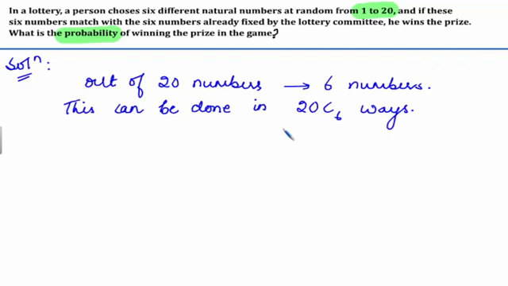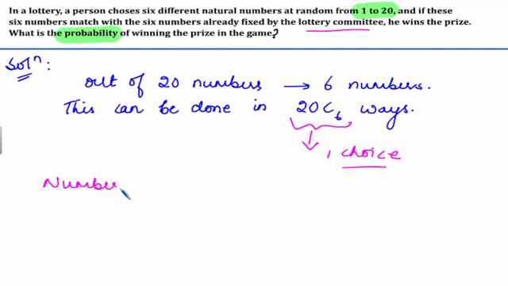And out of these numbers, there is only one choice which will match the lottery committee. Therefore, in this case, the number of favorable outcomes of winning the prize is 1.